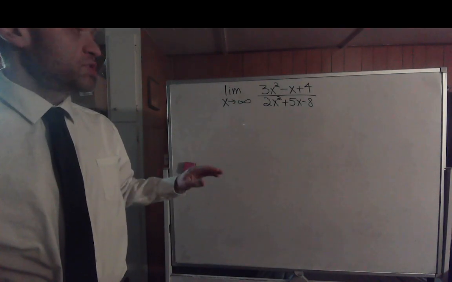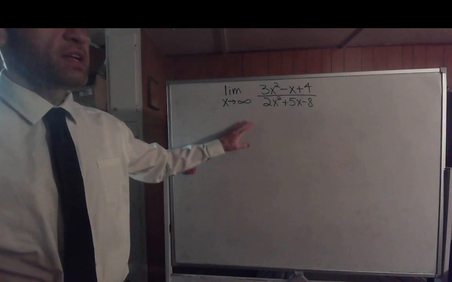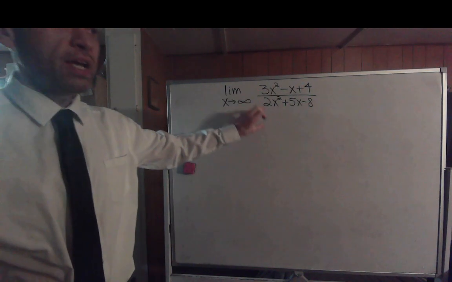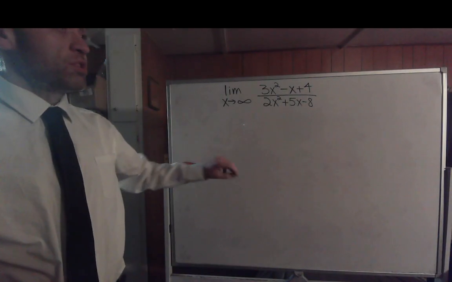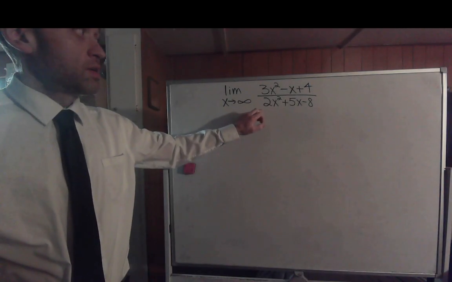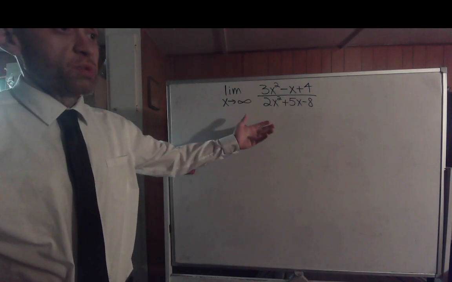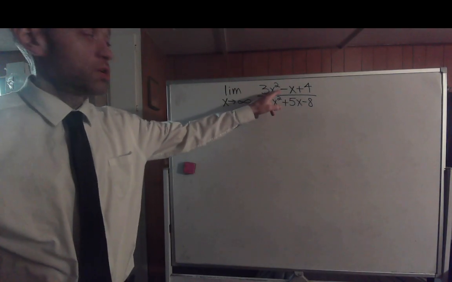What you have to do whenever you have a limit to infinity or negative infinity where the degree of the numerator equals the degree of the denominator is you look for the leading coefficient in each numerator and denominator, which of course, as we know from algebra, is the coefficient of the highest power term.